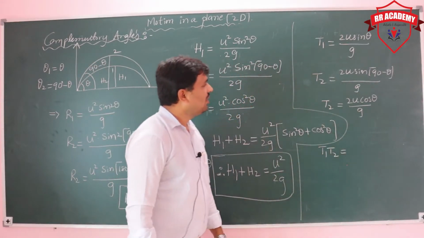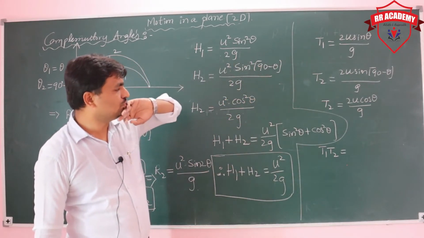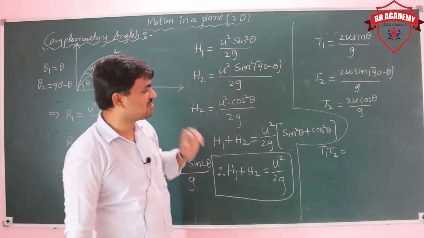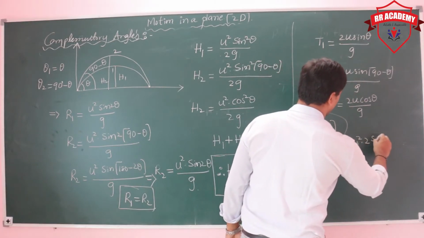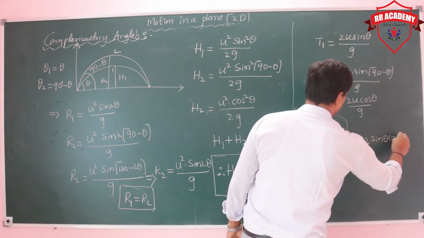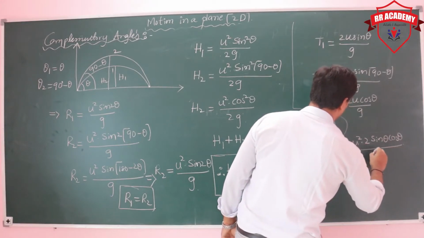Multiplying T1 and T2, 2u into 2u, we can write 2u square into 2 sin theta cos theta upon g square.